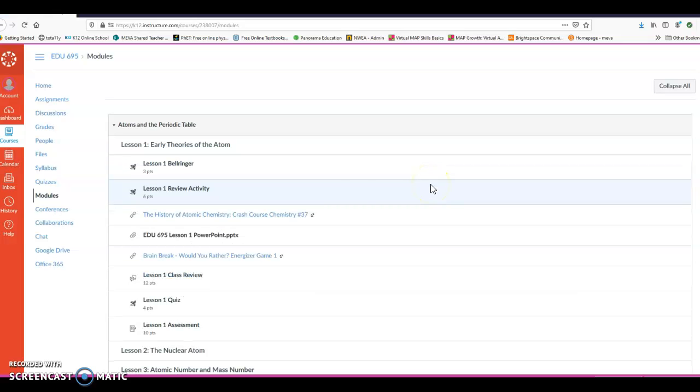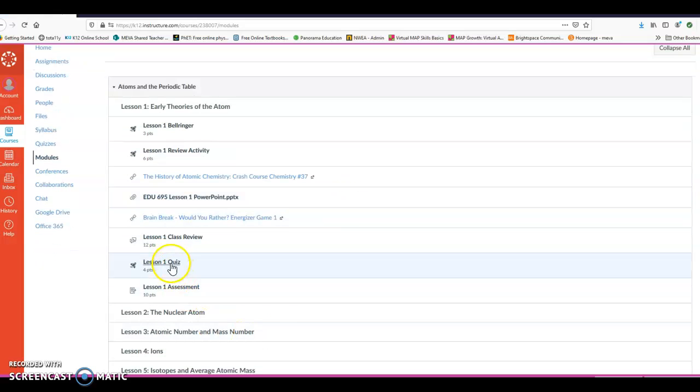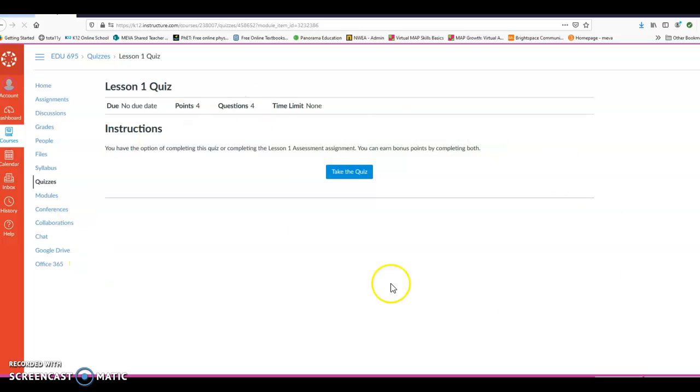The next piece that I wanted to talk about was the lesson 1 assessment. As you can see here, I have a lesson 1 quiz as well as a lesson 1 assessment. The student has the option here to do whichever one they feel more comfortable with. If they feel more comfortable answering 4 multiple choice questions, they can go ahead and take the quiz.